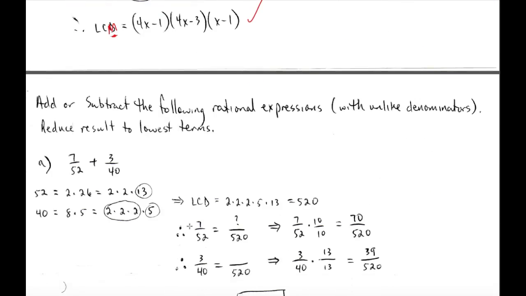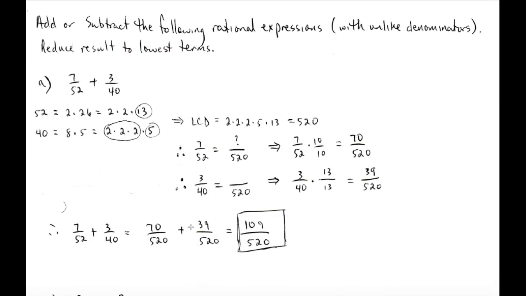All right, so now that we have that, we can now add and subtract rational expressions. So if we look here, we see that we start off with just basic fractions. The first fraction has a denominator of 52, the other one has a denominator of 40. So we break down, doing prime factorization to figure out what the LCD would be in this case.